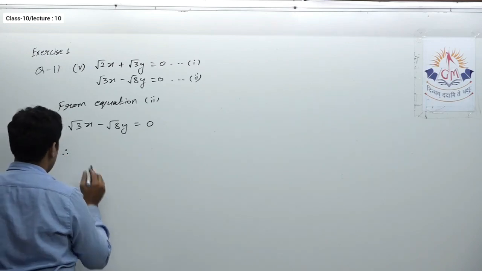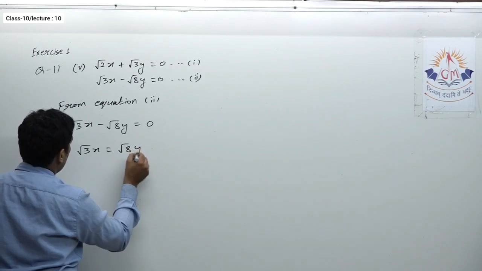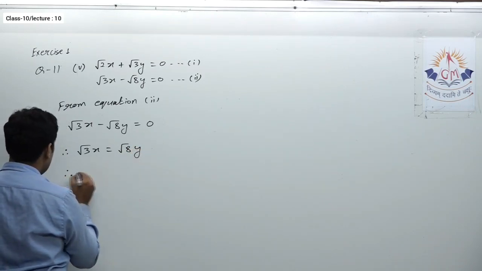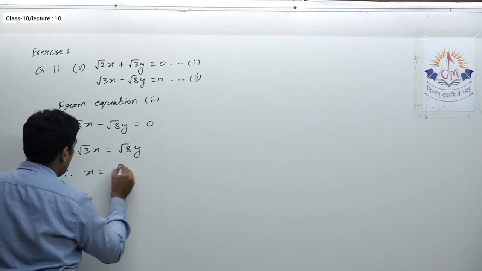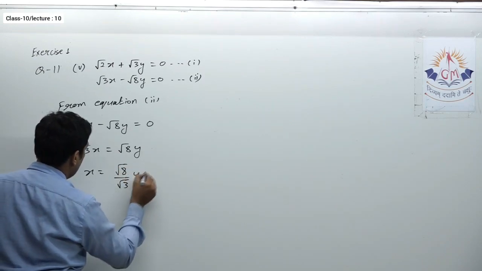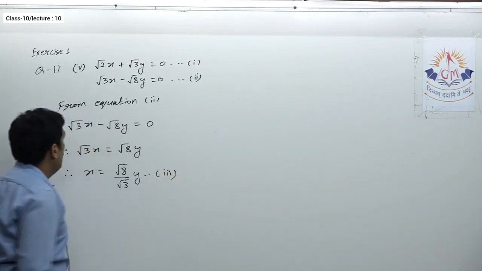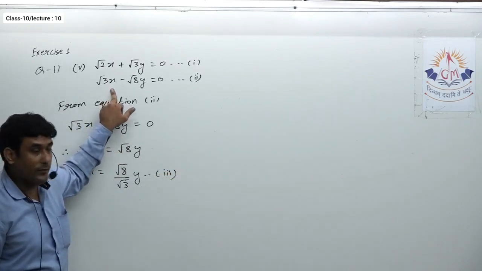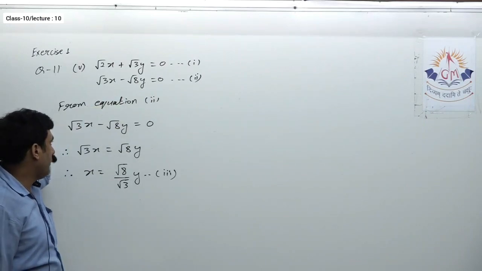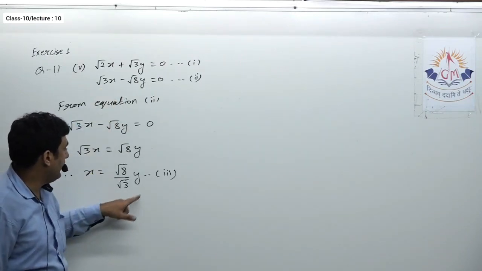Therefore root 3x is equal to root 8y. Therefore x is equal to root 8 upon root 3 y. This is equation number 3. Okay, I obtain the value of one variable from any one equation. So here I obtain x is equal to root 8 upon root 3 y.